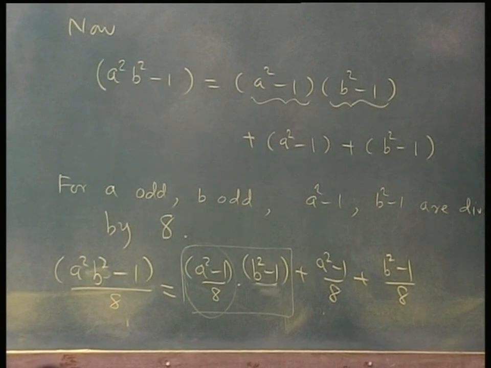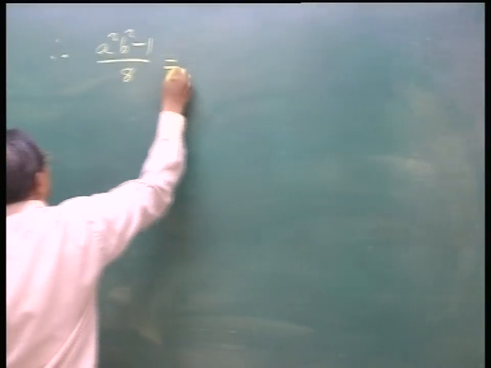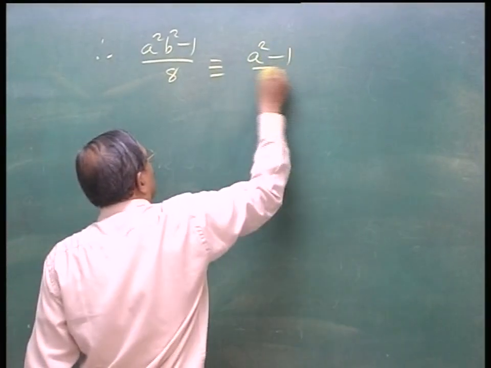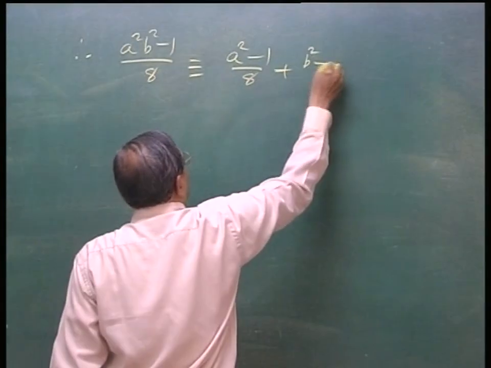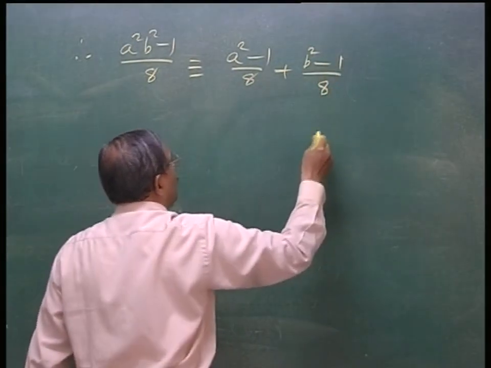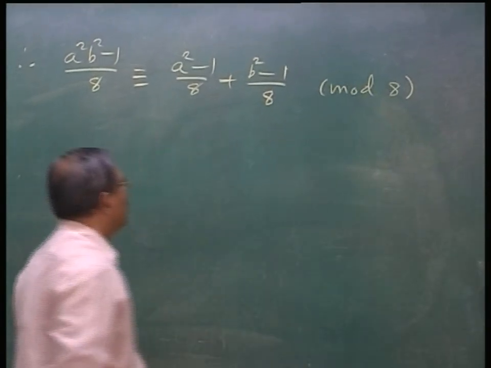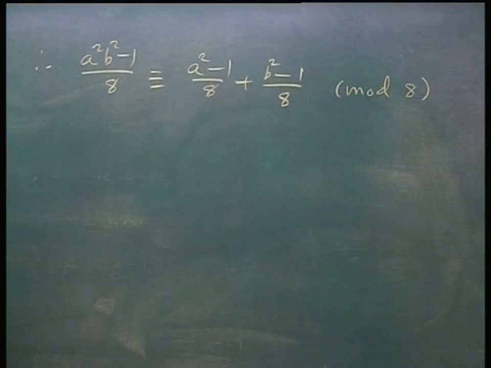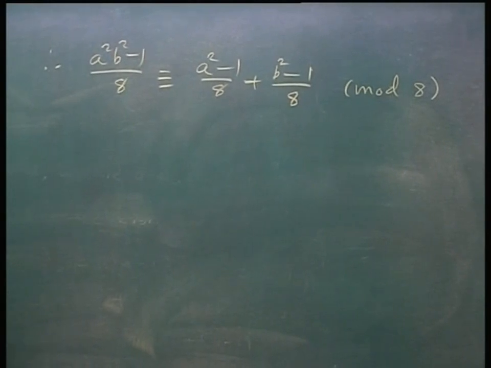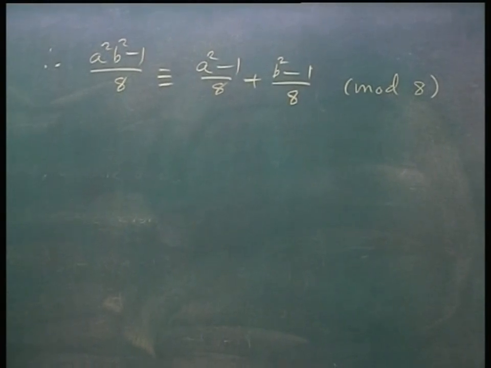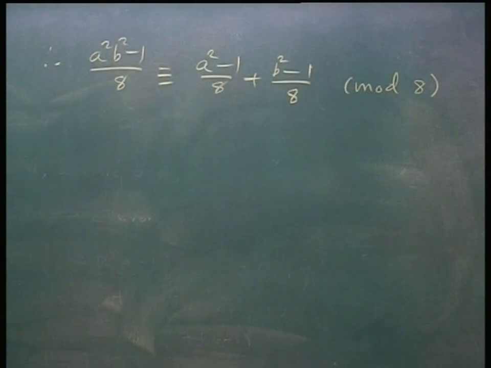Therefore, (a square b square minus 1)/8 is congruent to the sum mod 8. Actually, mod 8 is not required by us. It is sufficient for us to consider this mod 2.